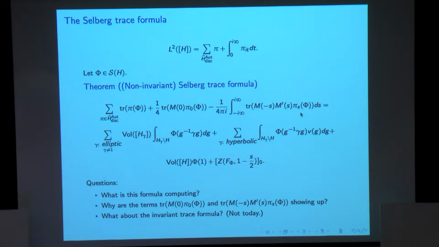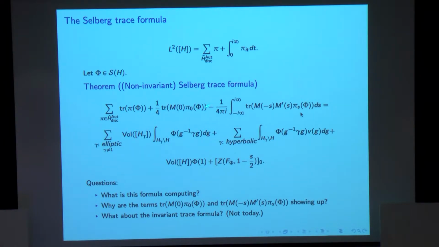And the non-invariant Selberg trace formula includes this term and this term, which are extremely nice. The trace of the convolution operator on the discrete automorphic spectrum and the elliptic orbital integrals of our test function. But then it includes other terms.